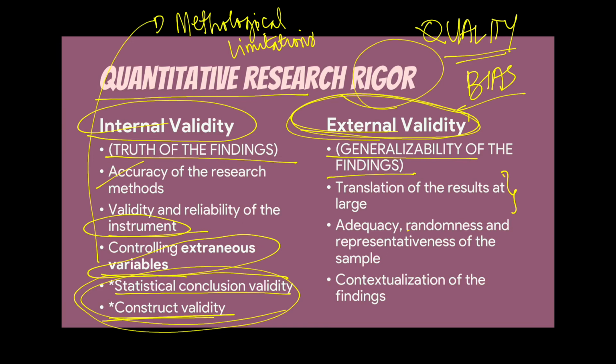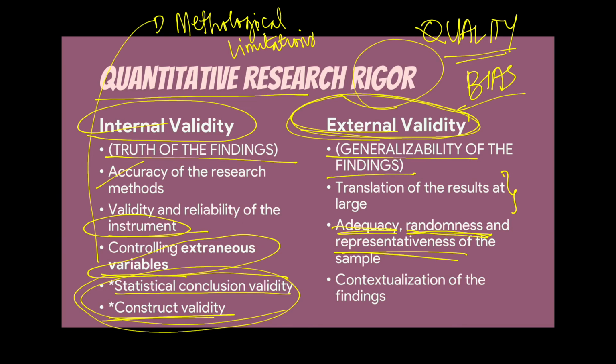The randomness of the collection also increases the generalizability and representativeness of the sample. Is there a proportionate number of men and women in the study, a proportionate number of people in regions, to be able to really say that there's a generalizability of the findings?